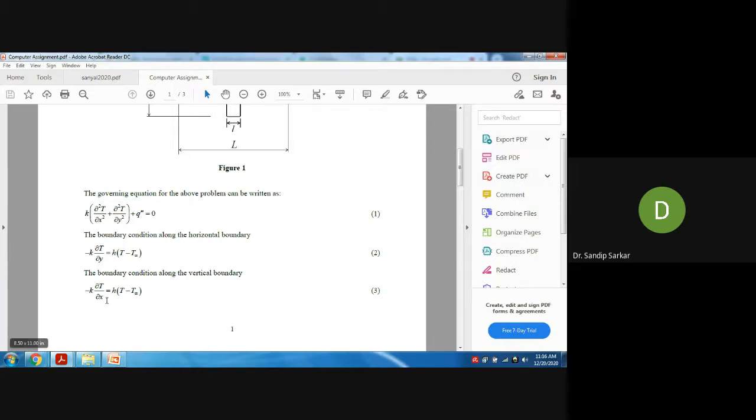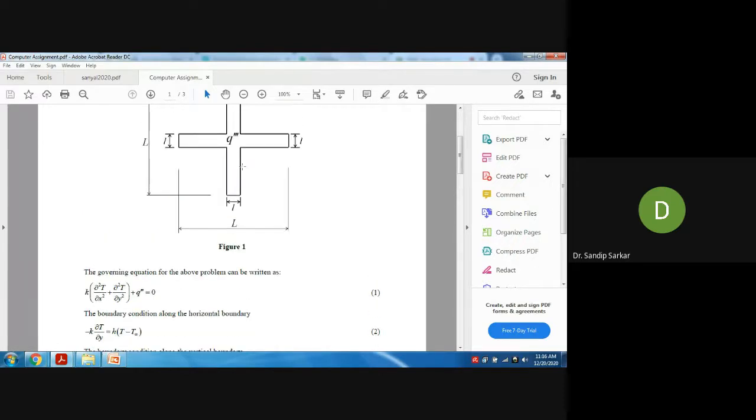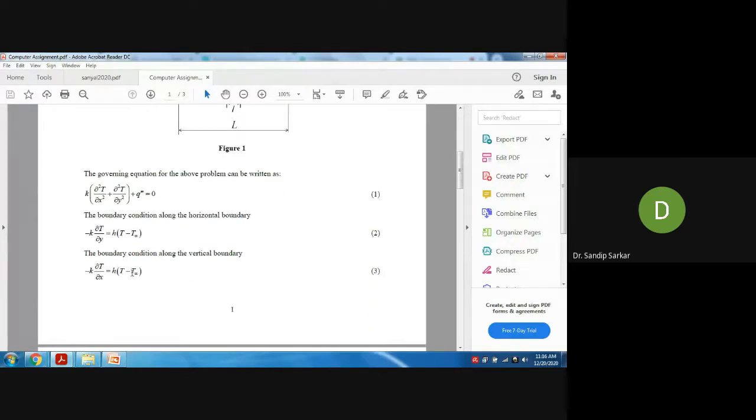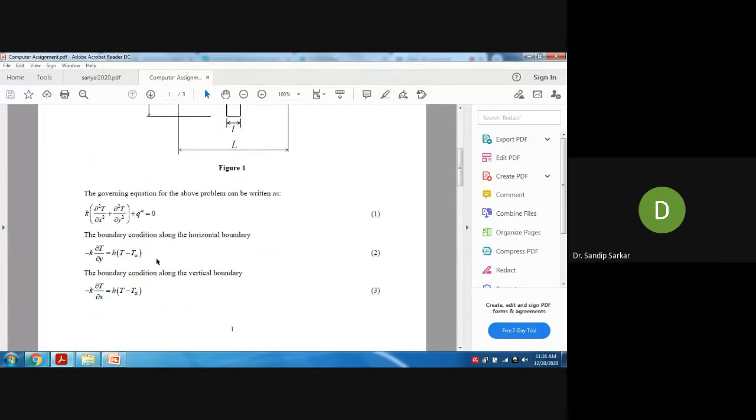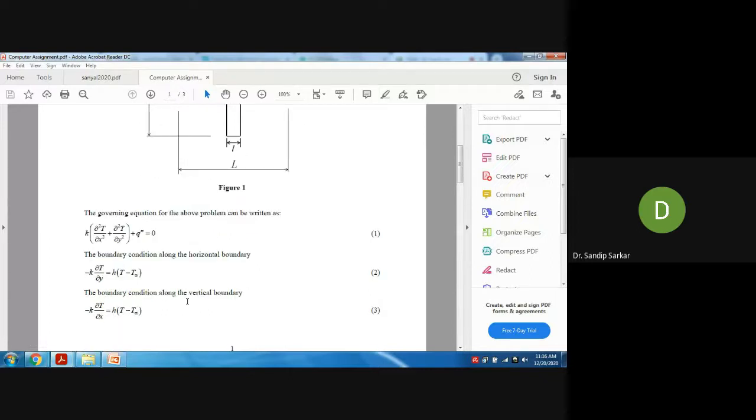These two boundary conditions are clear to all of you, right? Have you understood? Does anybody have any questions? No. Okay. This is very clear and straightforward, because at a horizontal plane this will be the boundary condition, and at a vertical plane, this will be the boundary condition.